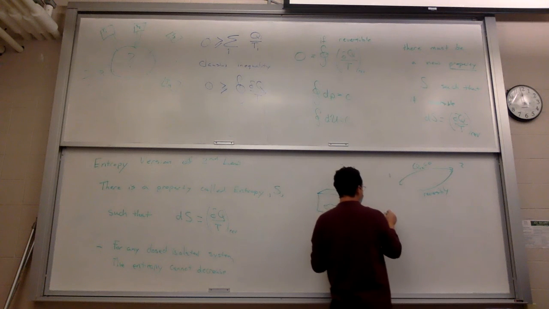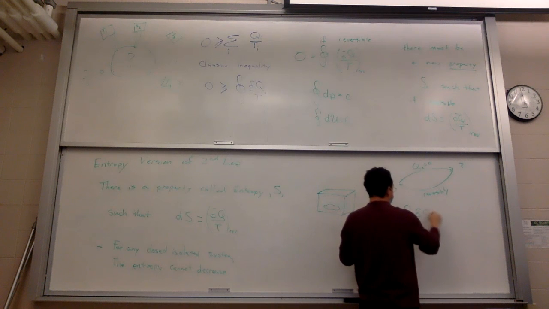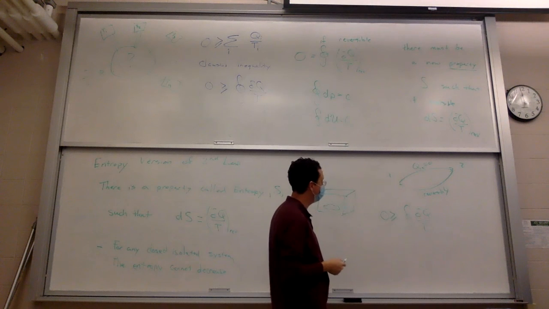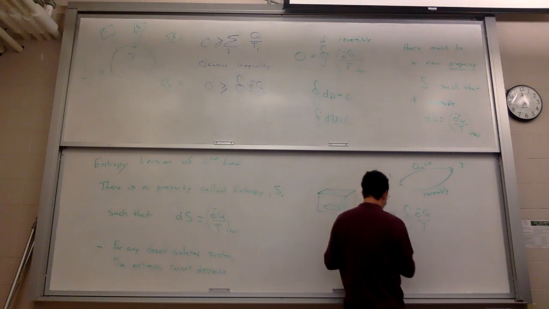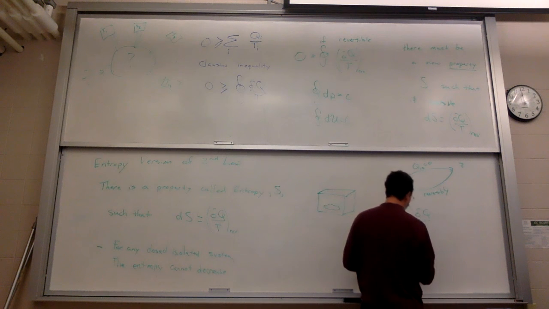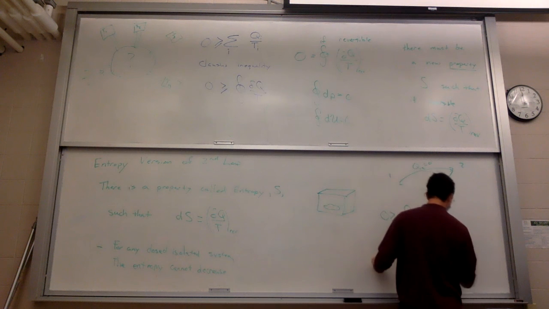So the Clausius inequality says that if I look at this cycle, I would have 0 is greater than or equal to the integral of delta Q over T around the cycle. Now I write that as 0 greater than or equal to the integral from 1 to 2 plus the integral from 2 back to 1.